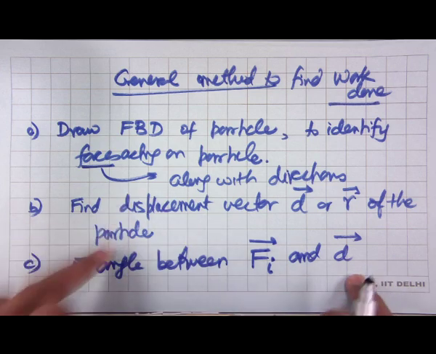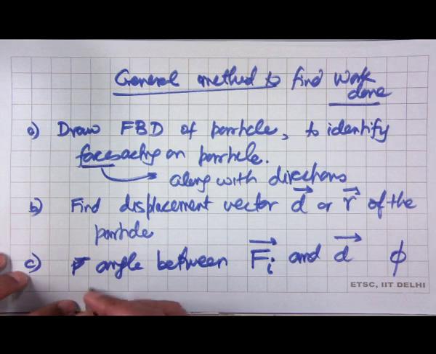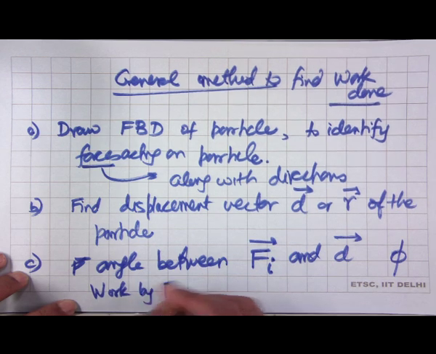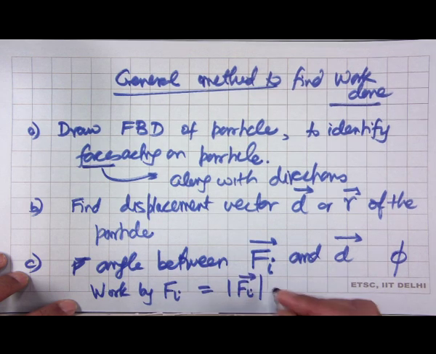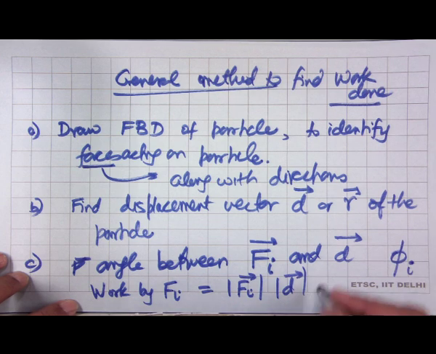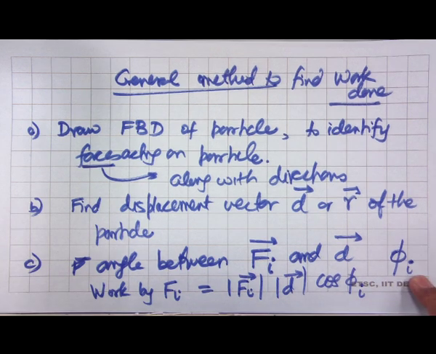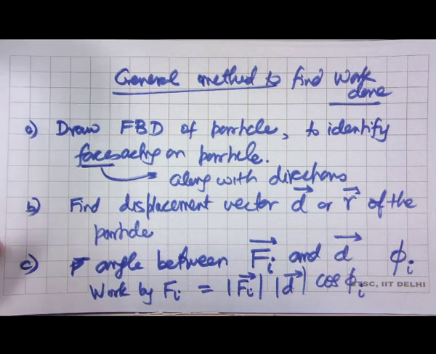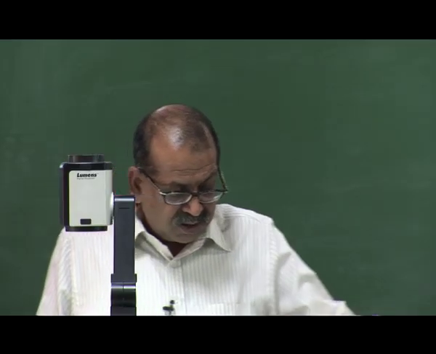D will stay same for all the forces, and if this angle is phi, then work done by F sub i will be equal to magnitude of Fi times magnitude of d times cosine of phi i. Notice this phi has an i because each force will have a separate angle with the displacement d. So, this is how we then calculate the work done, as simple.